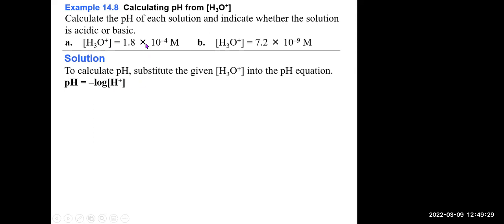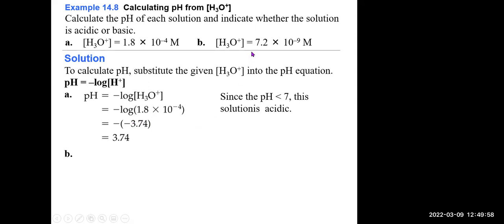Therefore, we can use the number for H3O plus and just plug it into the calculator. Again, this log is the base-10 logarithm. We get negative 3.74, so the pH is positive 3.74, which is less than 7, so it's acidic.